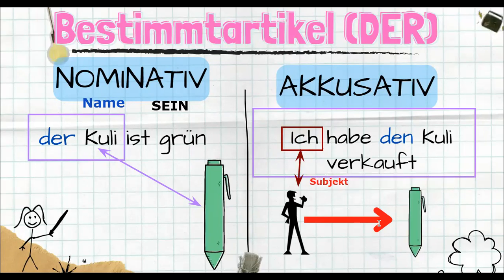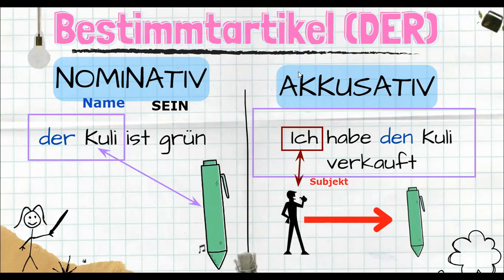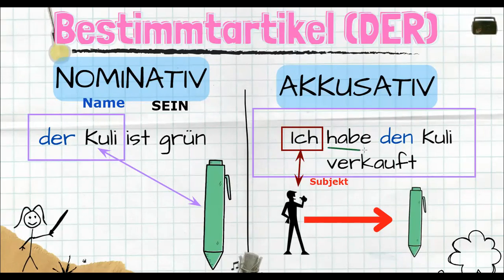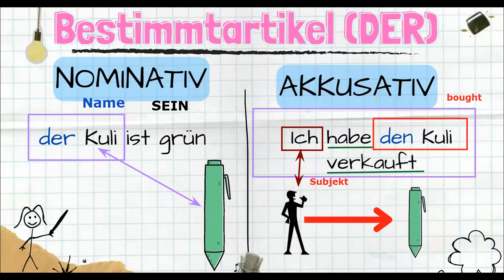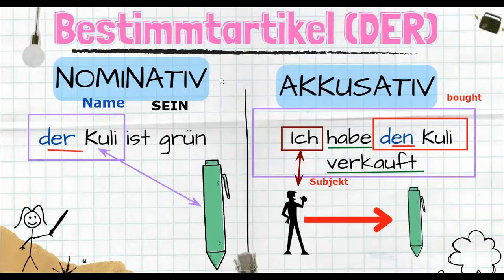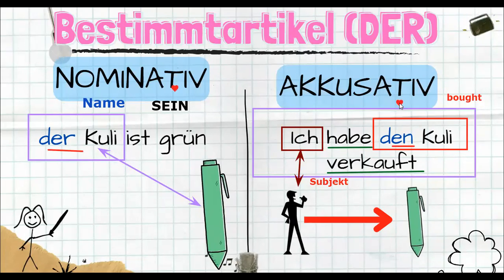What is the action in this example? Habe verkauft, right? I sold a sweater. Ich habe den Pulli verkauft. So, can you see? Den Pulli. Endung en. What is the ending? En, right? Den Pulli, der Pulli, nominativ und akkusativ. Richtig.